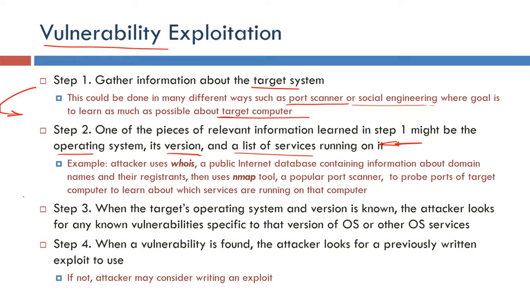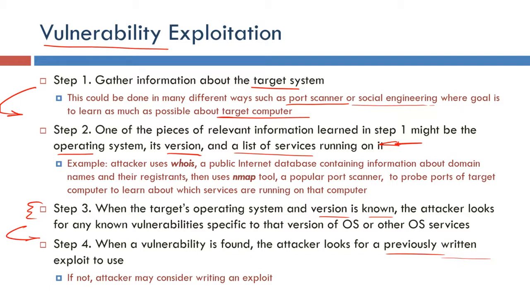As I was saying here, when the target operating system and version is known, the attacker looks for any known vulnerabilities specific to that version of the operating system. Once you have that vulnerability identified, you either look for a previously written exploit or develop one. The hackers are very good software programmers, by the way. They are not people who don't know what they do.